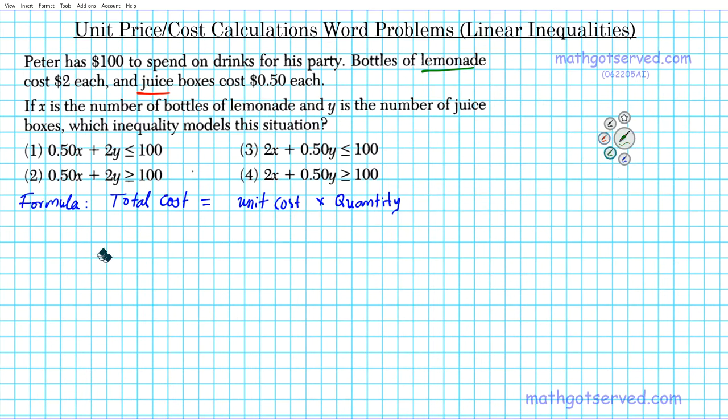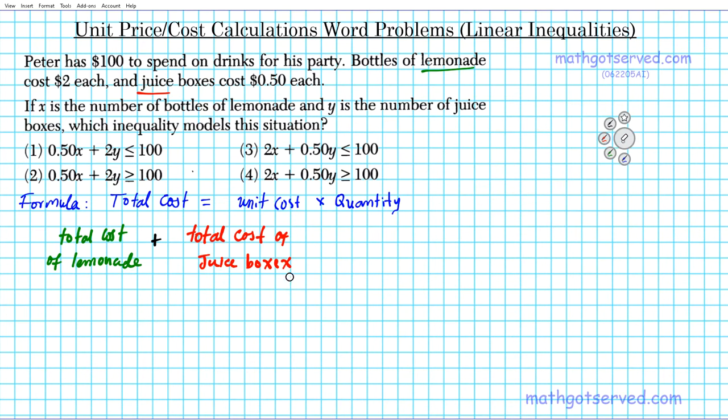We're going to find the total cost of lemonade, and we're going to add on to that the total cost of juice boxes, and then together we can't spend more than the budget.